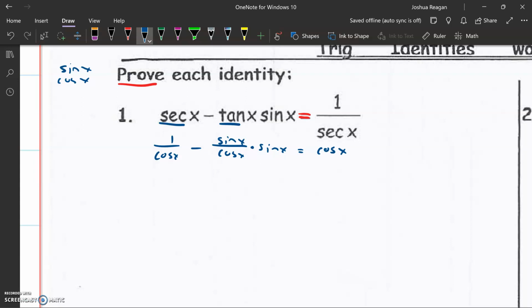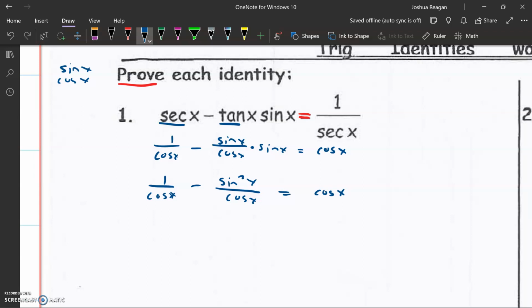Now we want to subtract fractions, but first I need to do this multiplication. So I'll leave this 1 minus cosine of x the same, and then we have sine times sine, so that's sine squared of x over cosine of x. And the right side, we'll just leave the same.